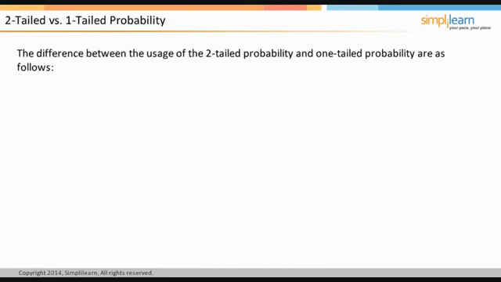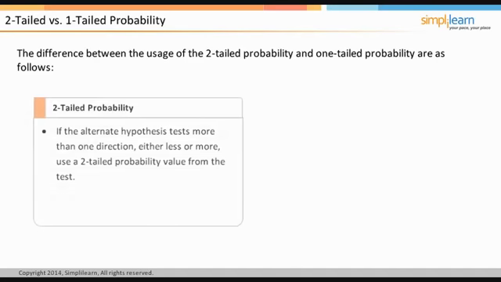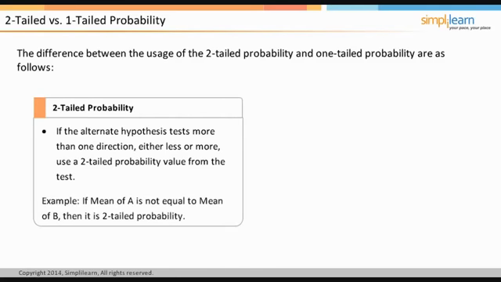Two-tailed probability and one-tailed probability are used depending on the direction of the alternate hypothesis. If the alternate hypothesis tests more than one direction, either less or more, use a two-tailed probability value from the test. Example, if mean of A is not equal to mean of B, then it is two-tailed probability.